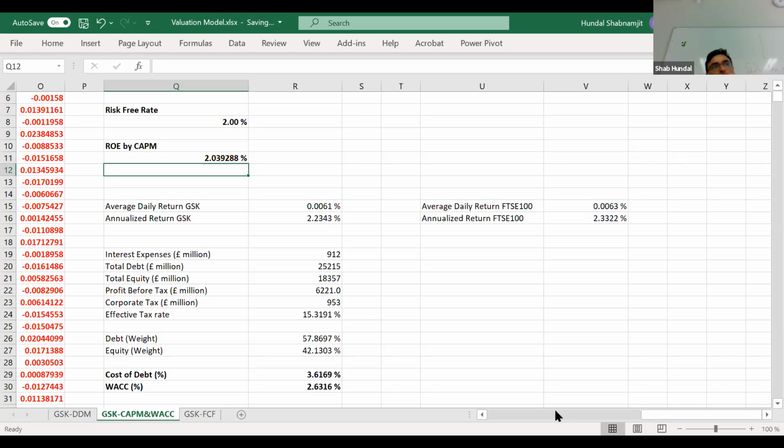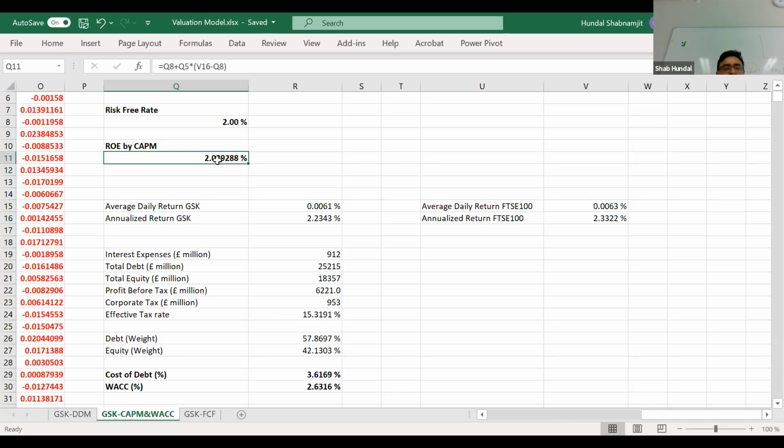Now, 2.04% shows that if I'm a potential investor of GlaxoSmithKline, the minimum return which I must get, I won't say should get, I will say must get, from GlaxoSmithKline is 2.04%.